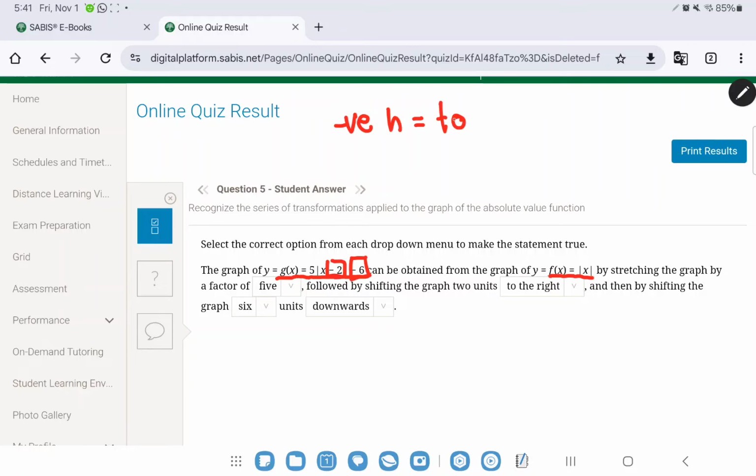Actually, I'm just going to draw arrows pointing right and left. Positive h equals going left. Negative k means down. Positive k means up. Okay? So these we have to memorize them, okay?